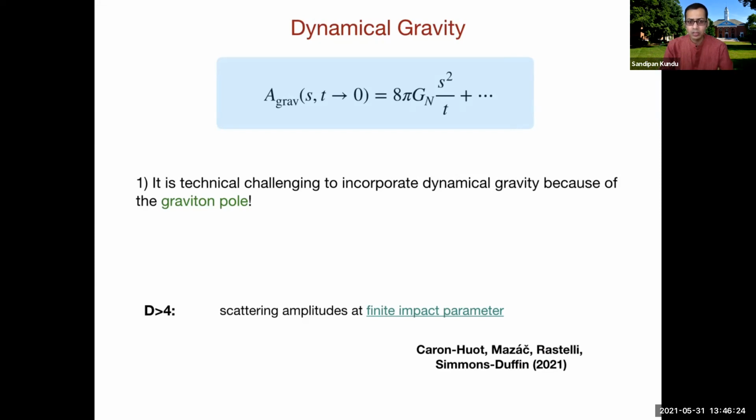Because of this pole, all these arguments are a lot more subtle when you have gravity. But very recently, this problem has been addressed by Caron-Huot, Mazac, Rastelli, and Simmons-Duffin. What they did is the following: they studied the scattering amplitude not in the forward limit, but at finite impact parameter, which solves this issue with the t-channel pole. Their argument works in any spacetime dimension above 4.